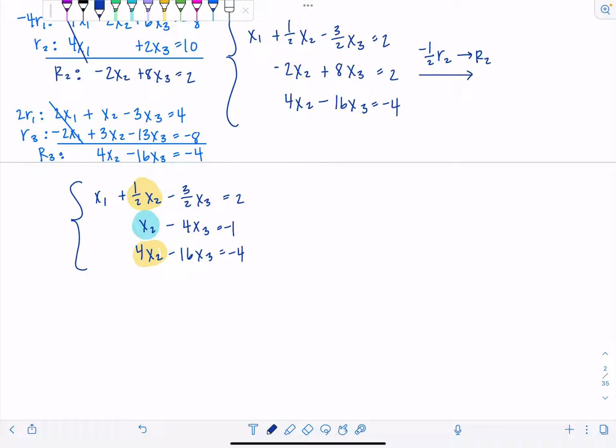Let's see. Using row 2, I'm going to take negative 1/2 times row 2, add it to row 1. That's my new row 1. And then to make a 0 down here, I'm going to have to multiply this row by -4 plus row 3 is my new row 3. Good?